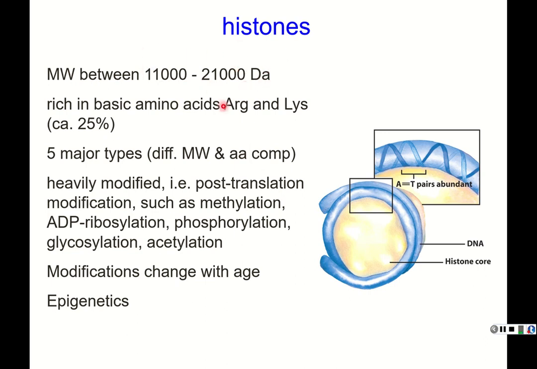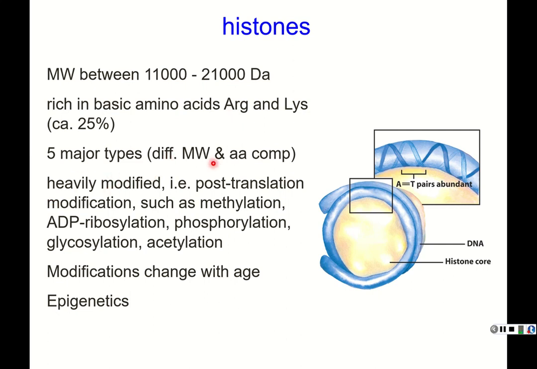They're rich in basic amino acids, so things like arginine, lysine, and histidine. That is where they get the name histones. That's important because the basic amino acids have positive charges, which can then associate with the negative phosphate charge in the DNA.